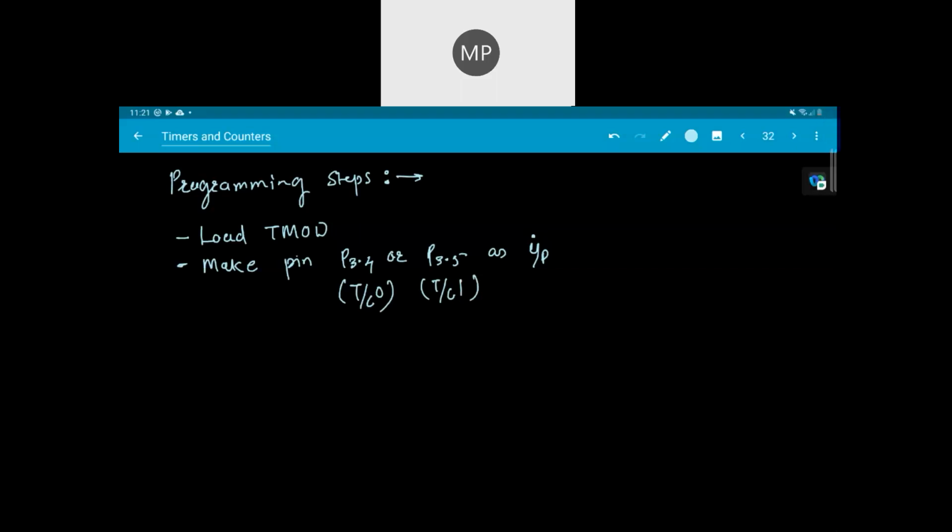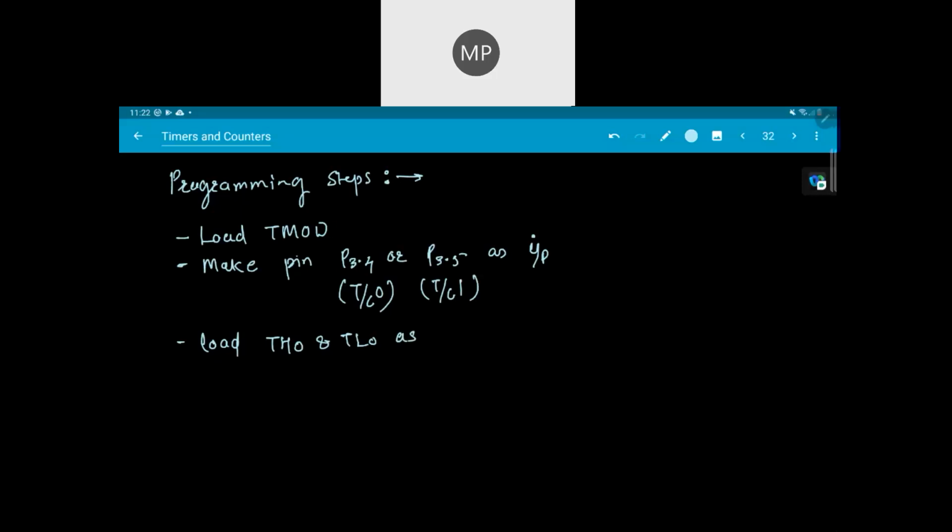So once we make this pin as input, what thing we have to do? We have to load THx, where X represents either 0 or 1. Or let me write very specific: TH0 and TL0. Listen to this very carefully, guys.